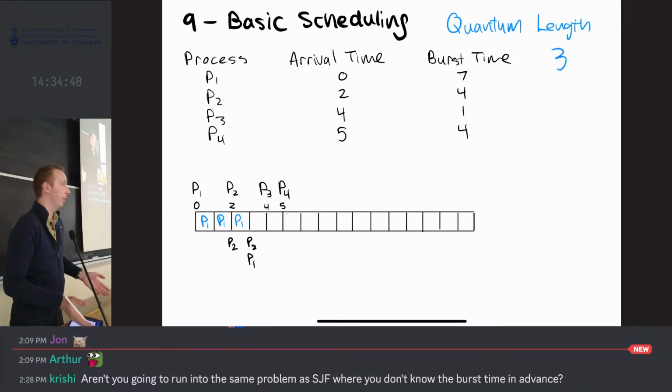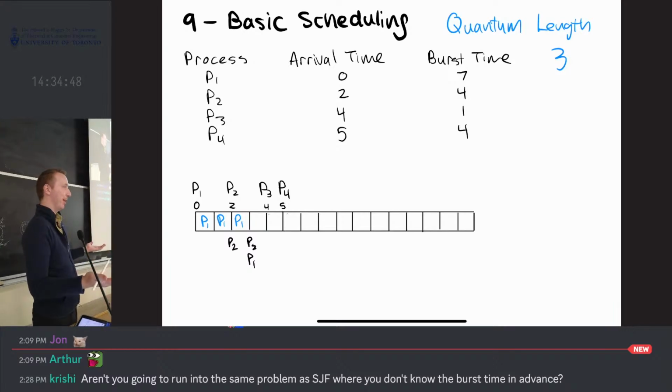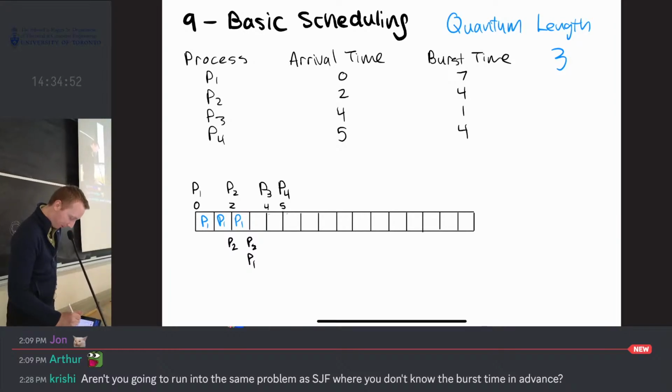So what would we choose to execute at time 3? P2, right? It is the first thing in the queue. So we would pick P2. It would run for 3 time units.